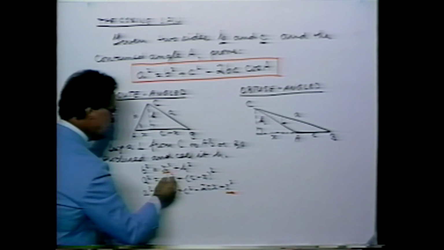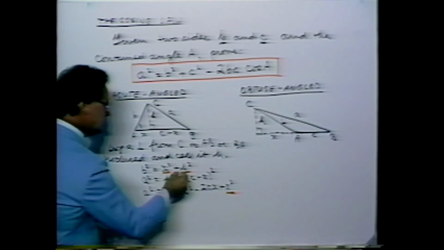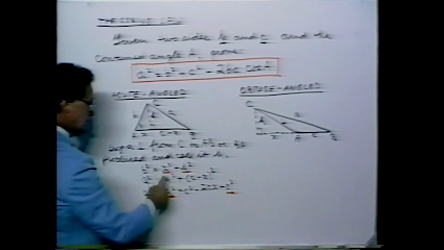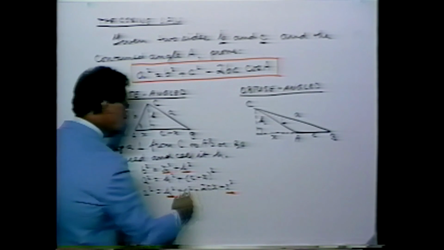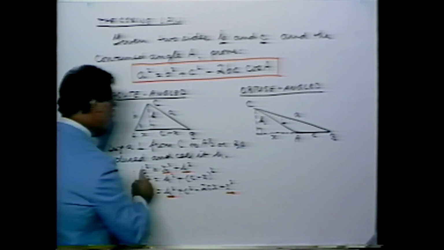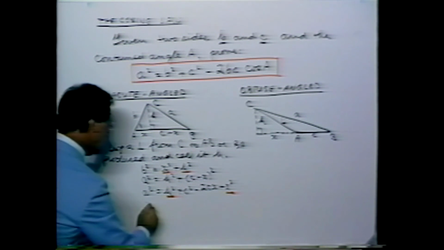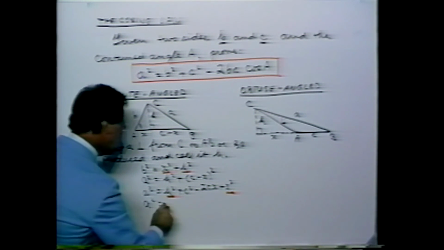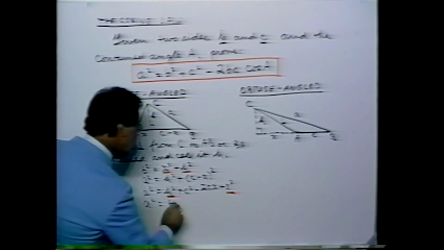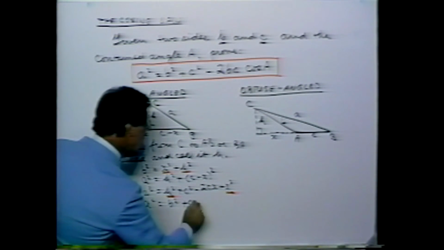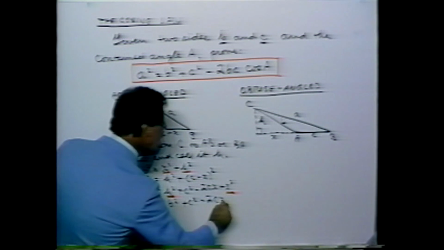That is also found in this first statement, x squared plus h squared. These two terms can be replaced by b squared, and I can write, therefore, that a squared is equal to b squared plus c squared minus 2cx.